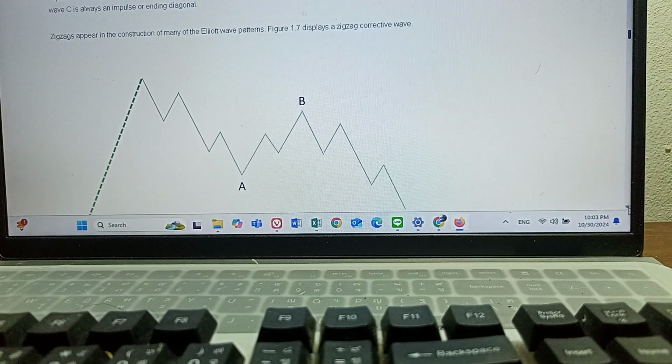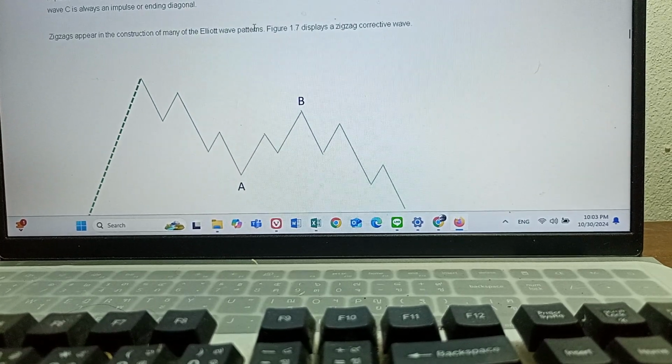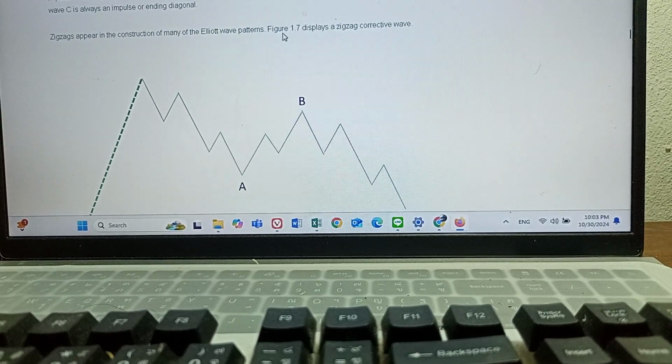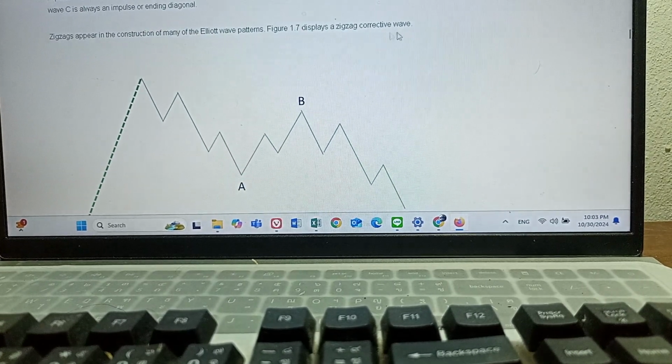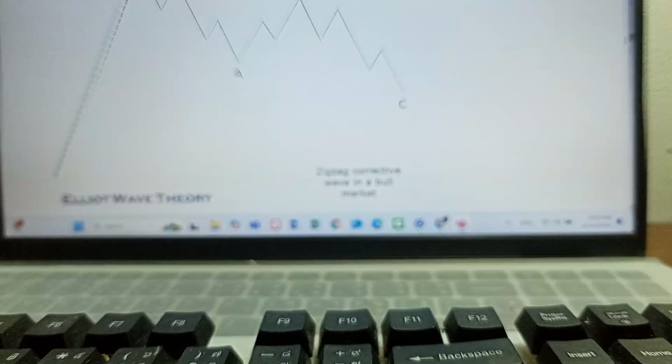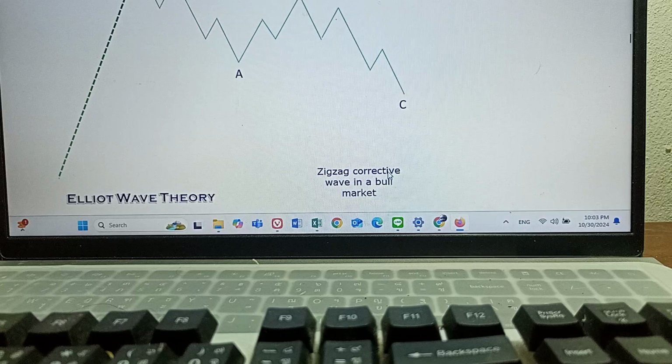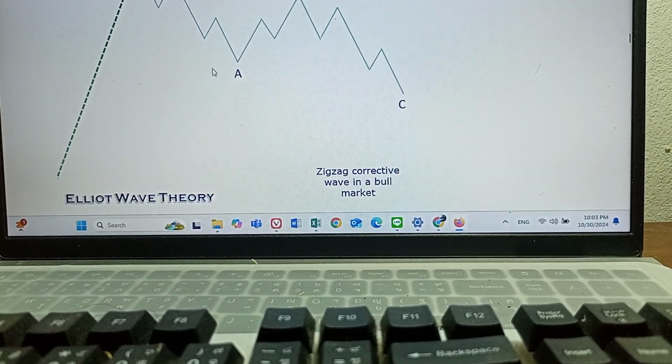Zigzags appear in the construction of many of the Elliott Wave patterns. Figure 1.7 displays a zigzag corrective wave in the bull market.